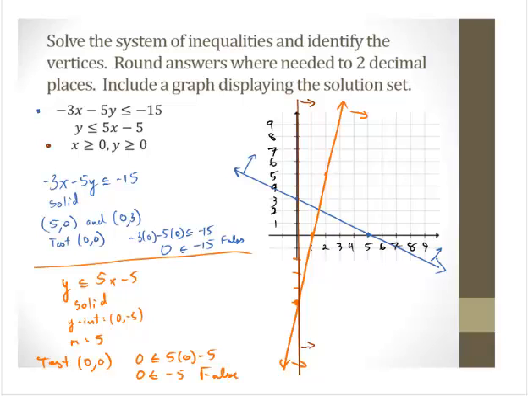Y equals 0 is the horizontal axis. And y is greater than 0 above it. So what that's telling us is we are working in the first quadrant.